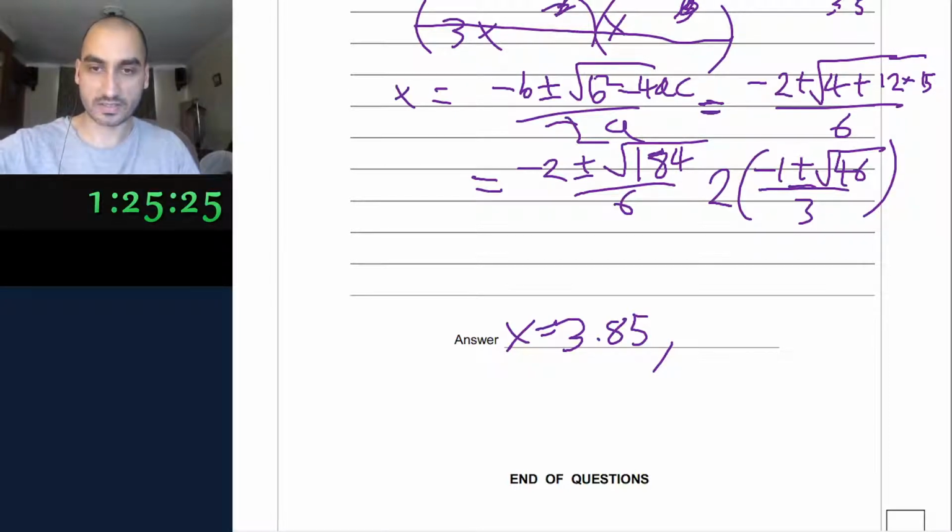Alright, screw it. I need to use Google for this. What am I trying to do? -1 minus root 46 over 3 times 2.